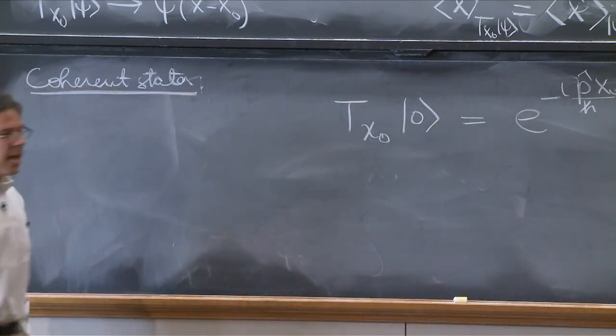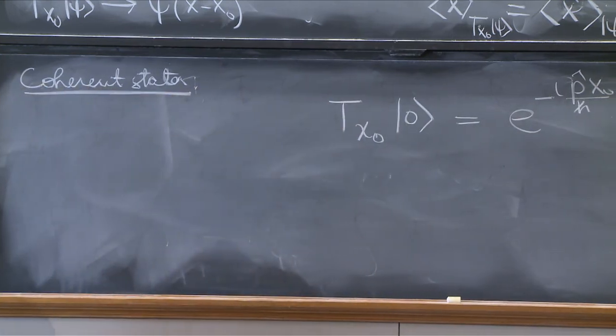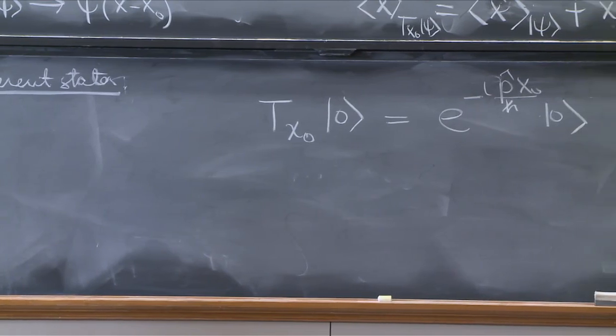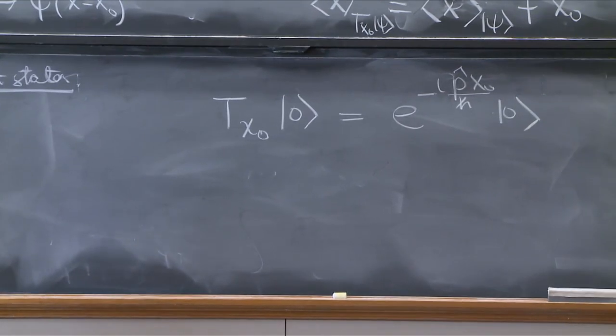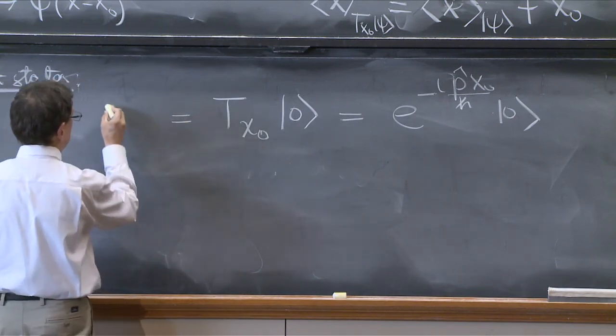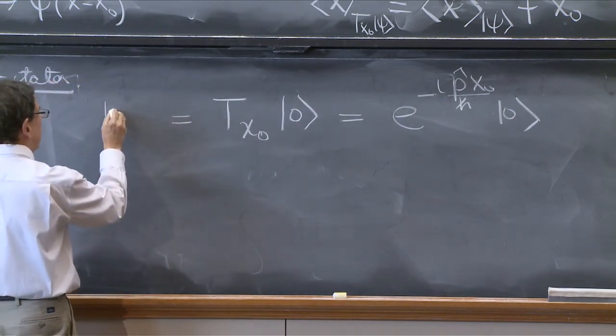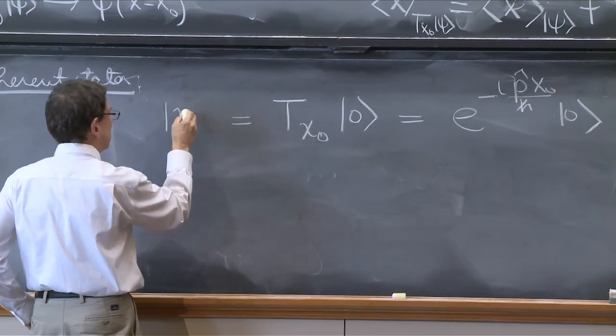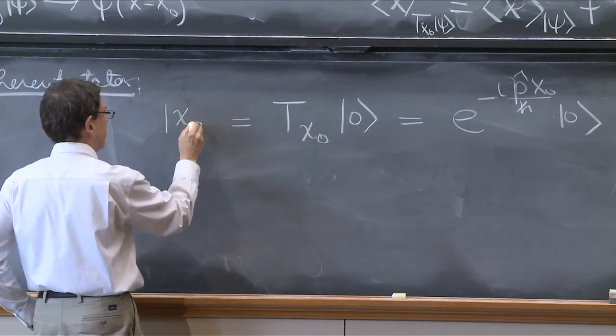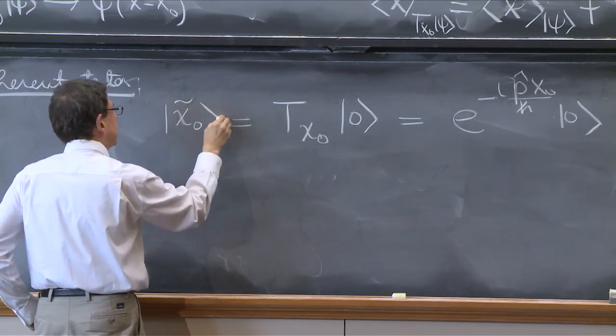And I want a name for this state, and that's the worst part of it. There's no great name for it. I don't know of any notation that is very good. If it's very good, it's cumbersome. So I'll write it like this.